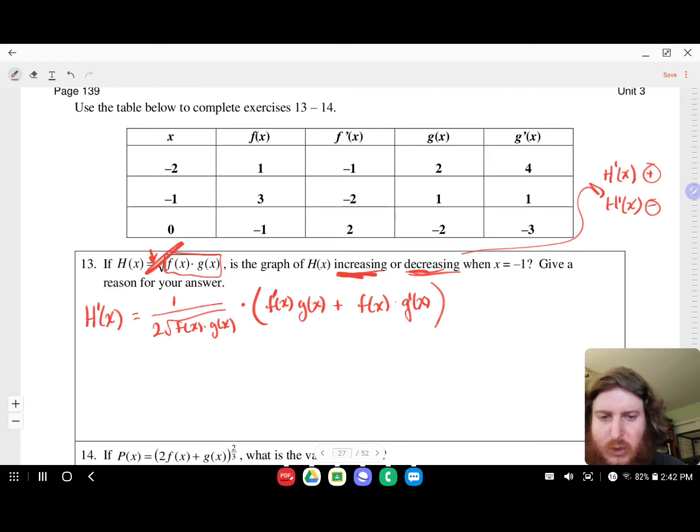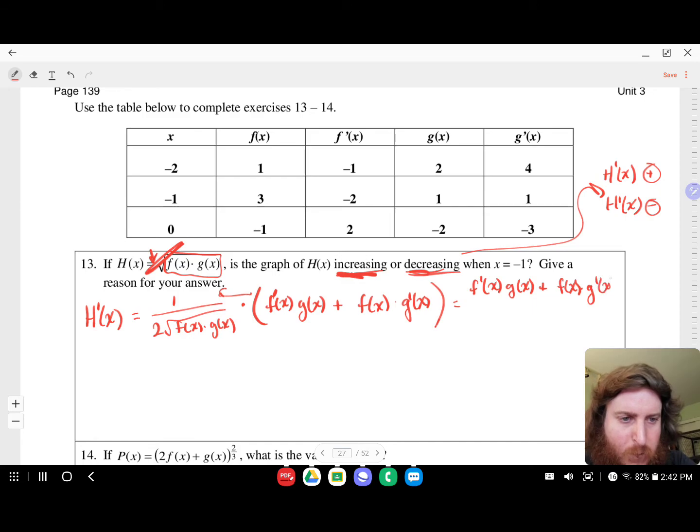If you wanted to put each of those in a parentheses, you can. Now we can move that up to the numerator if we want to. So we can write this as f prime of x times g of x plus f of x times g prime of x all over 2 square root of f of x times g of x.